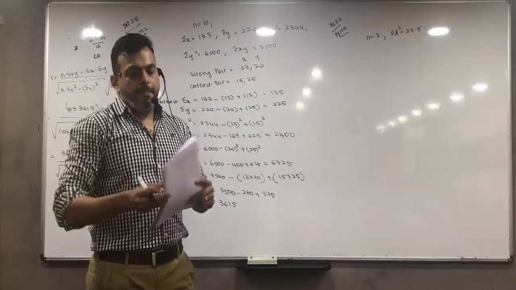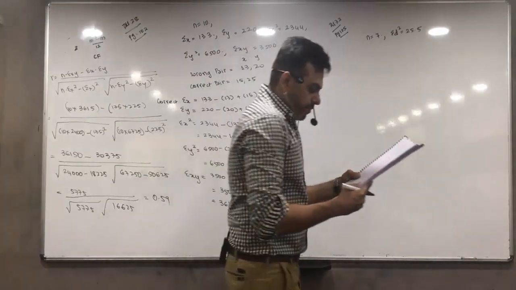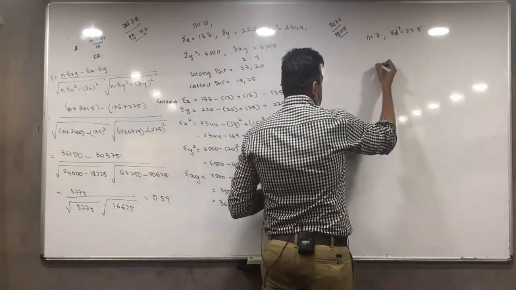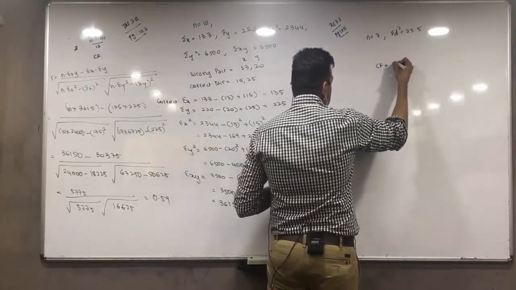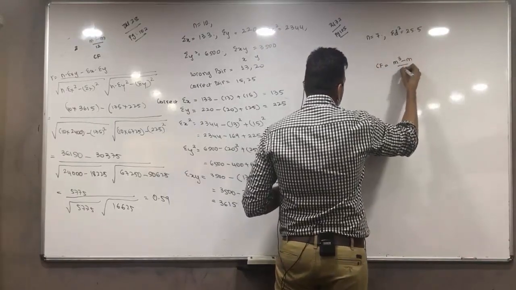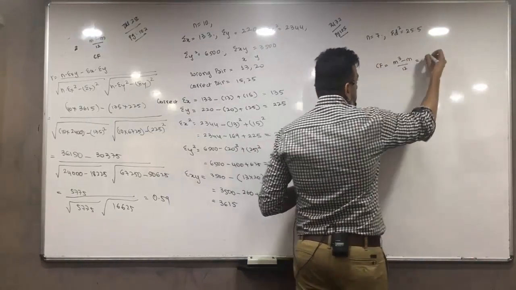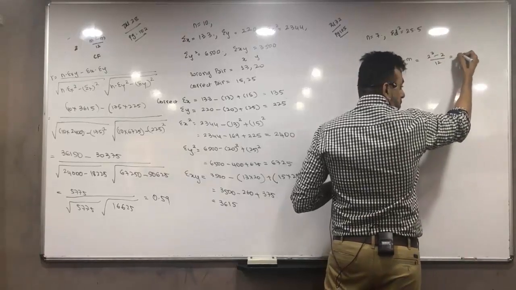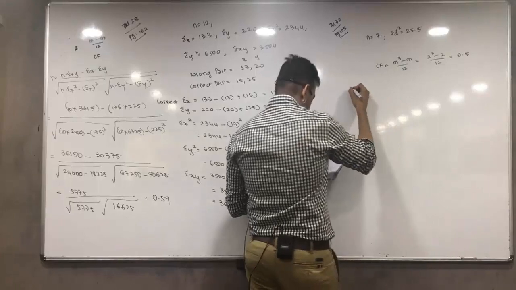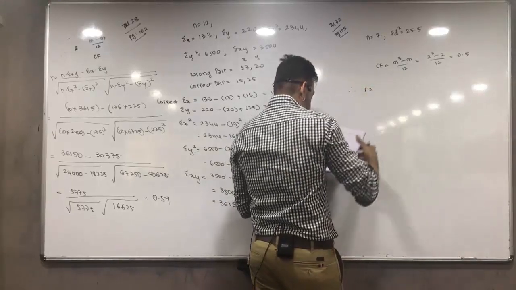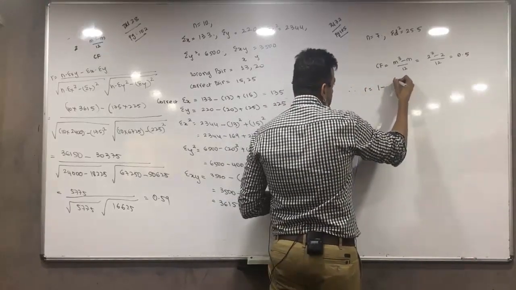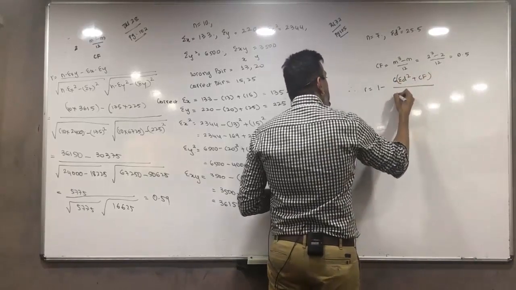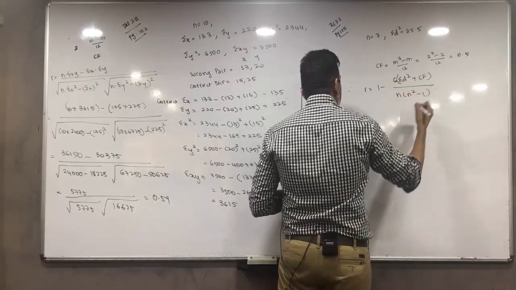Then we find out CF is equal to m cube minus m upon 12. Directly we can find out. So 2 cube minus 2 upon 12, which is equal to 0.5. Therefore, R is equal to 1 minus 6 sigma d square plus CF upon n square minus 1.